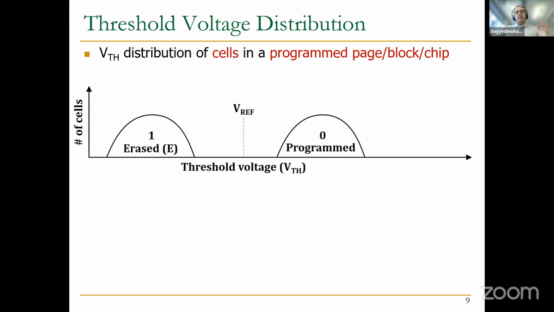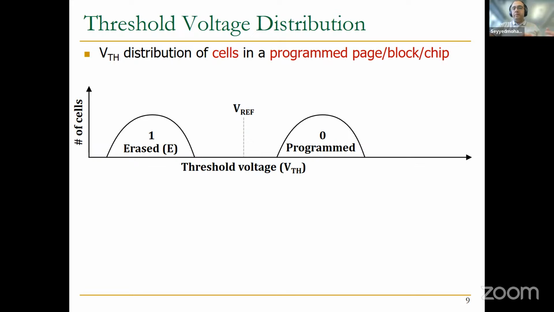So when you program flash cells, you will have a threshold distribution of cells in a programmed page, block, or chip. As a quick reminder, each flash chip can have 1 or 2 or several dies, and each die has several planes.